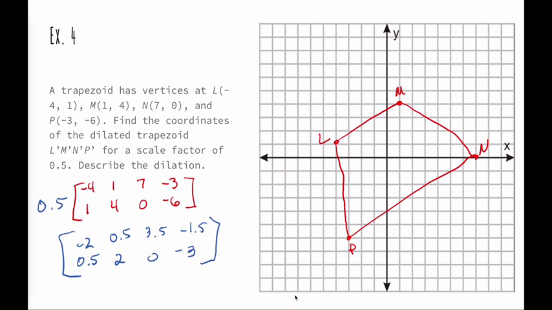And then if we graph this, that's L prime, M prime, N prime, P prime. So it gets us a similar trapezoid that is half the size.